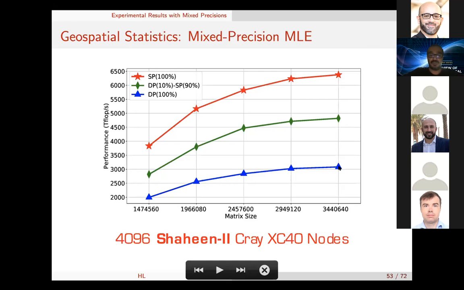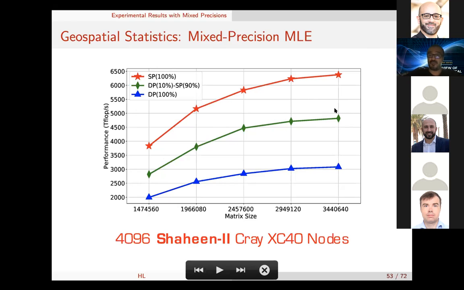If you were to do this Cholesky factorization on 4,000 nodes of Shaheen in double precision, you will get 3 petaflops. If you do it in single precision, right, you will get more than 6 petaflops. And by doing it in mixed precision, because we can't afford to go single precision all the way, we won't get the right accuracy, we go mixed precision, and we are able to get 5 petaflops.